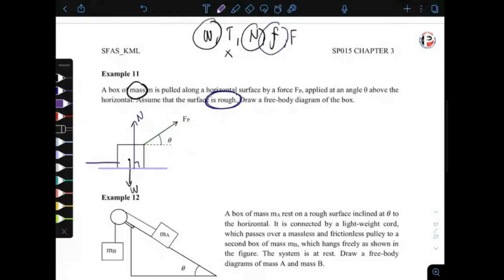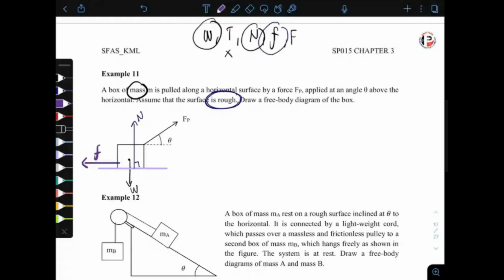So sebab ada tendensi untuk bergerak, friction kita adalah ke kiri. Sebab kita tak tahu dia akan bergerak ataupun tidak, kita tinggal dia sebagai F sahaja. Tak payah tulis static friction ke kinetic friction. Yang penting ada friction, dah selesai.